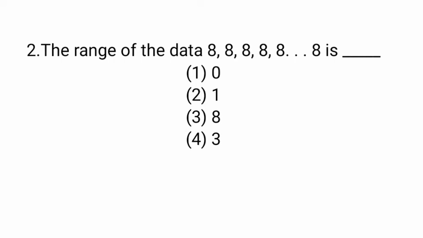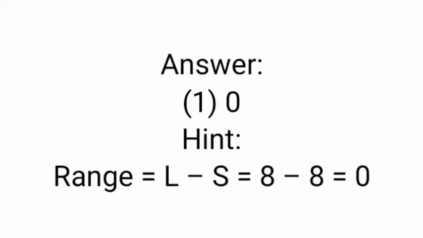That is R equal to L minus S. What is the meaning of L? Yes, that is the largest value. S means the smallest value. What is the largest and smallest value? Same, L and S are both equal to 8. Therefore range equals L minus S, that equals 8 minus 8 equals 0. Answer is 0. Option is 1.